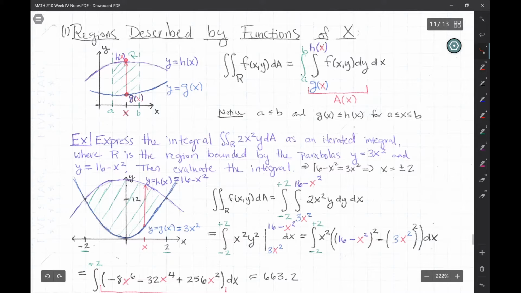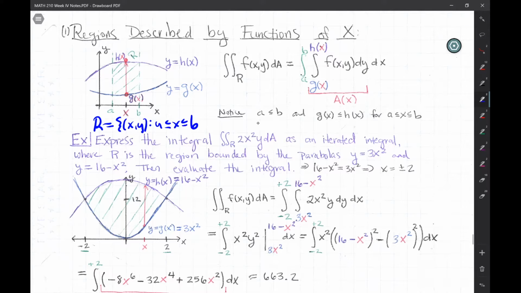And if we were to write out this region as some set, we could write it as R is equal to the set of (x, y) such that x is between a and b, and notice that a is less than b there, and y is bounded by these two functions. Okay? So we could describe the region in this way.